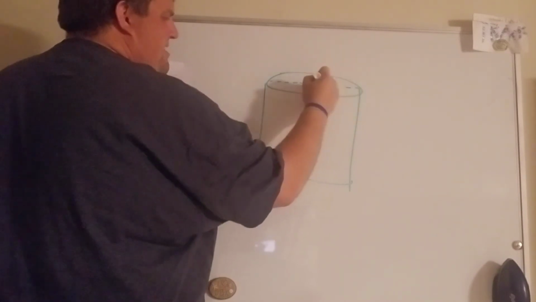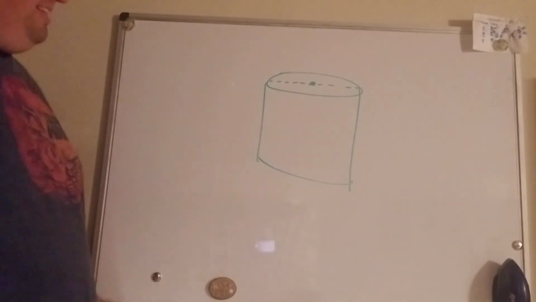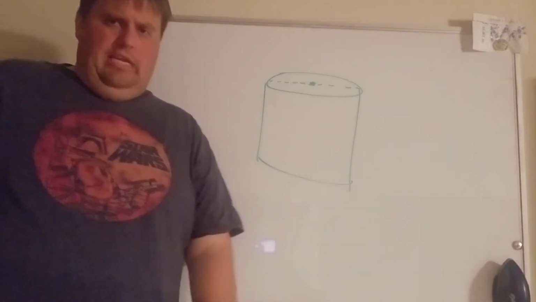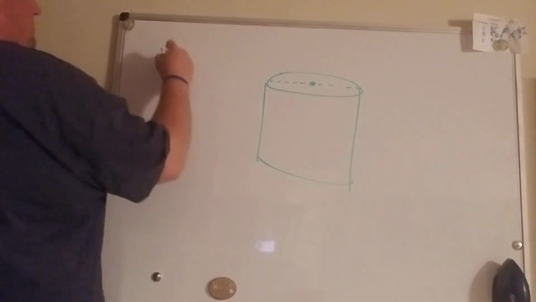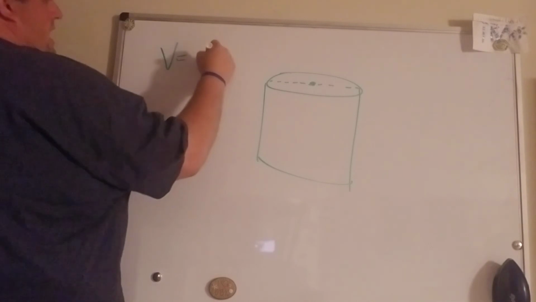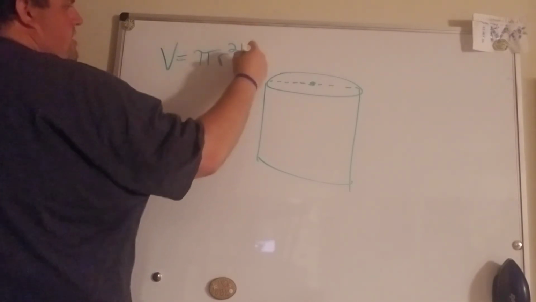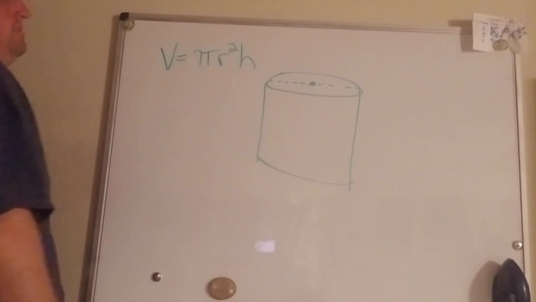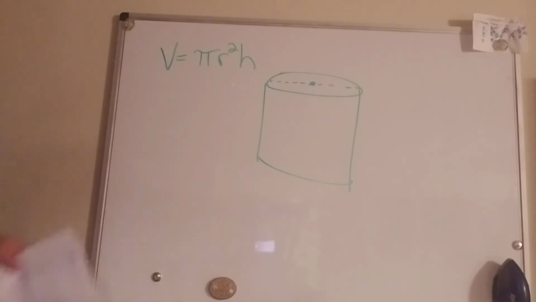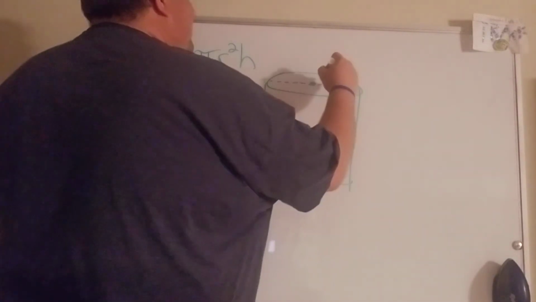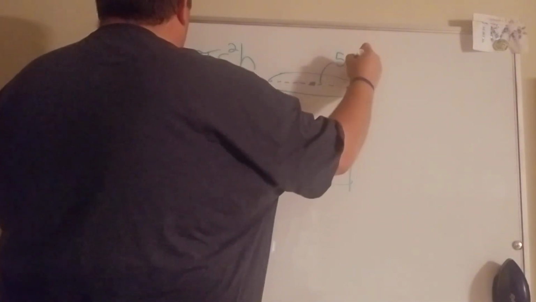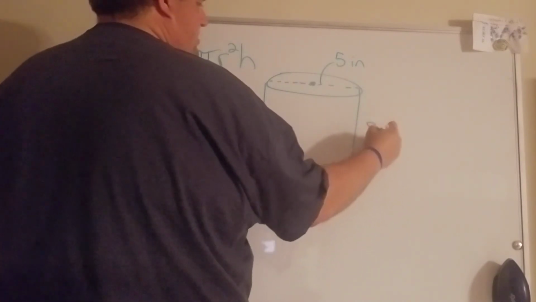On the test, there's a formula page that gives you the formulas that you need. So I could look up the volume of a cylinder, and it tells me pi r squared h. The r stands for radius, and the h stands for height.